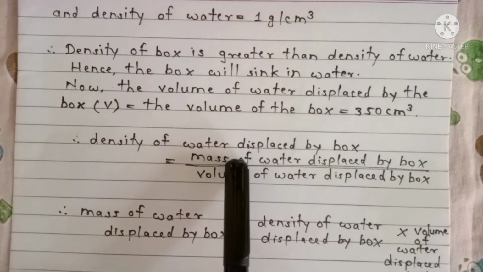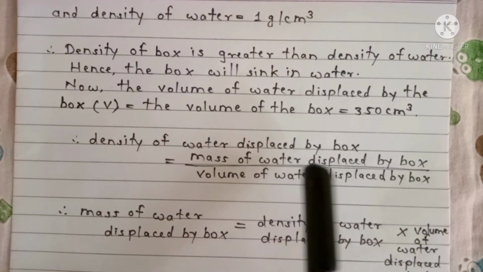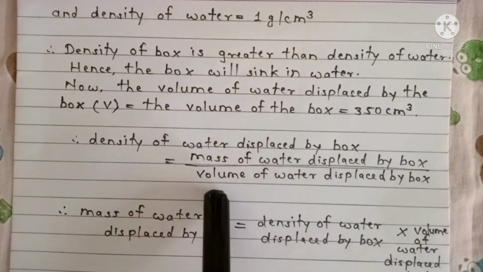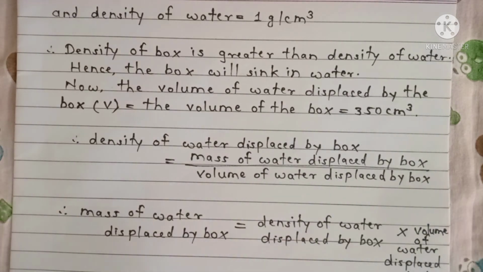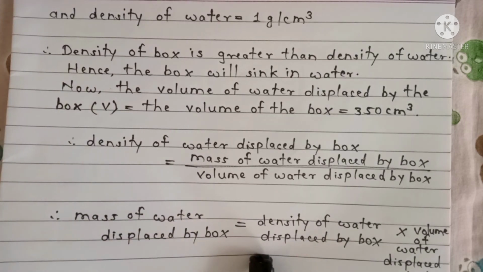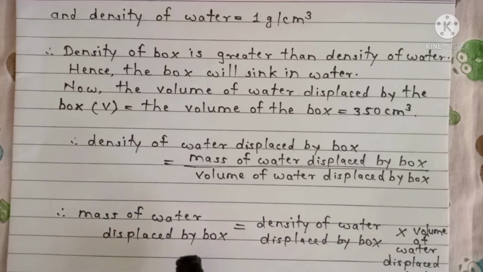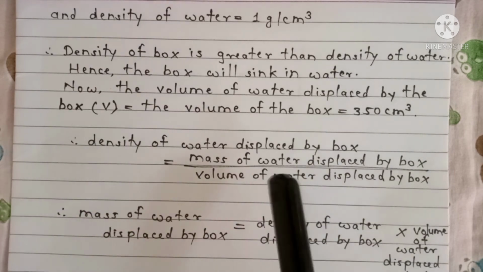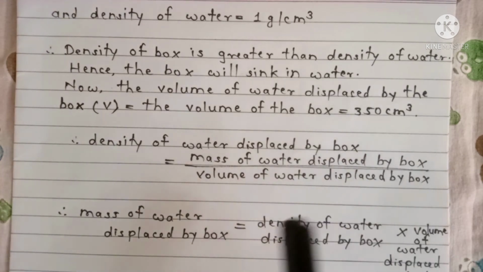So therefore the density of water displaced by the box is equal to the mass of water displaced by the box upon the volume of water displaced by the box, and therefore the mass of water displaced by the box is equal to, because here we have to calculate the mass of water, we have to convert this formula in terms of the mass of water displaced by the box.